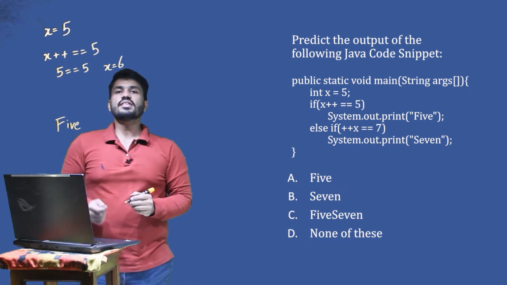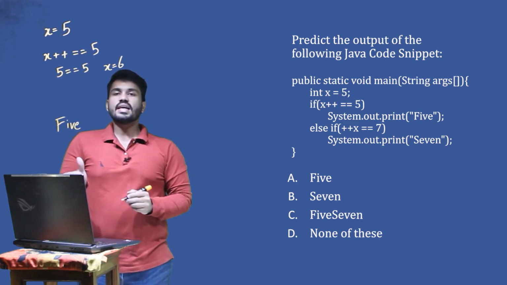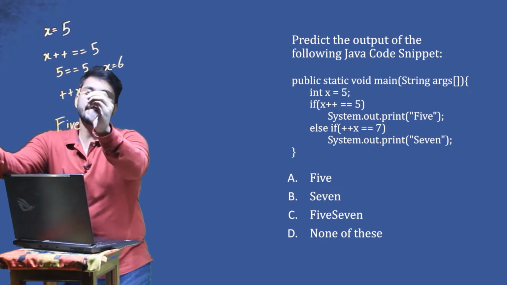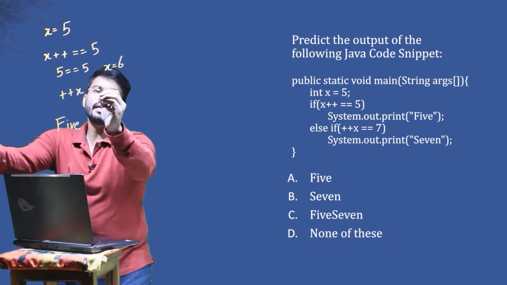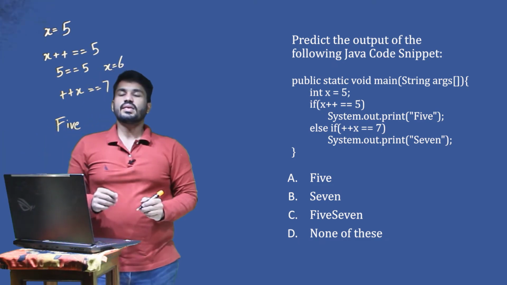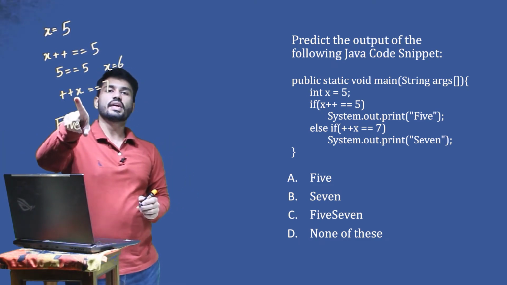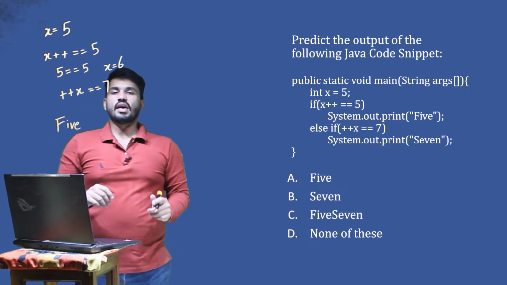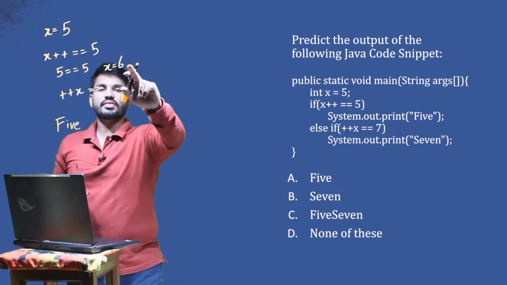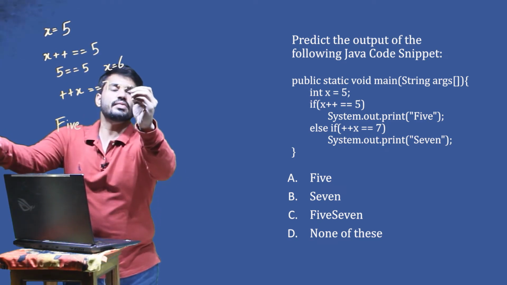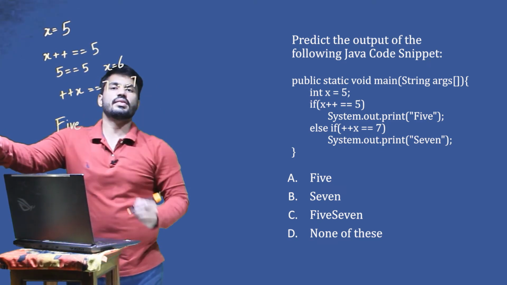Now let's check the else if statement. Inside the else if statement, we have ++x == 7. So this is a prefix notation, so we will have to increment the value of x before using it. Value of x has been changed to 6 here. Now it will become 7. So x is now equal to 7.